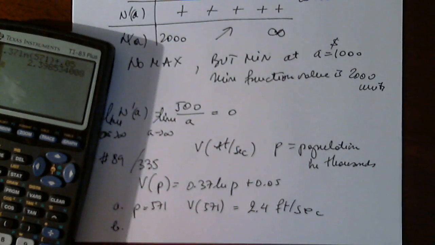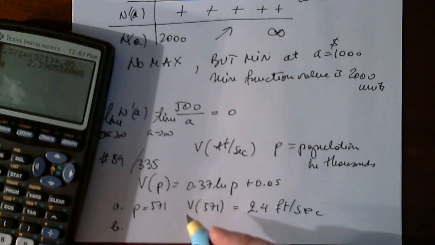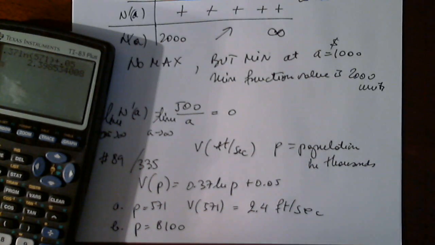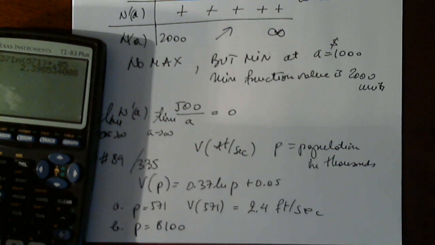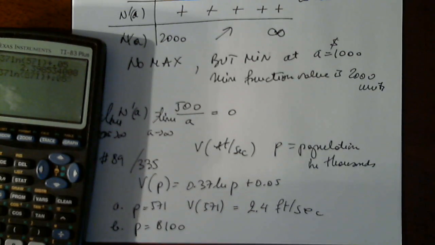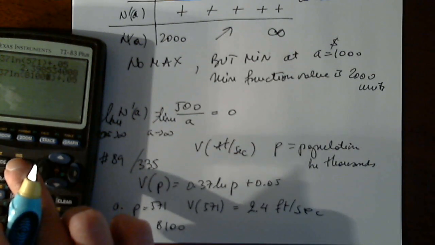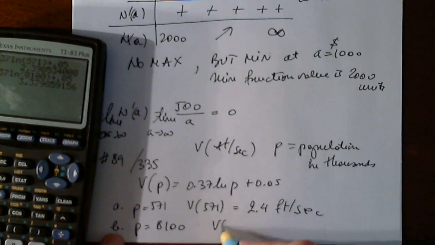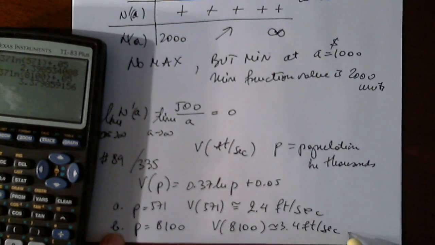In part B, the population of New York will be 8100, and we're asked to find the same thing. So I'm just going to insert 8100 and clear the other three. And it appears to be 3.4 approximately. V of 8100 is approximately 3.4 feet per second.